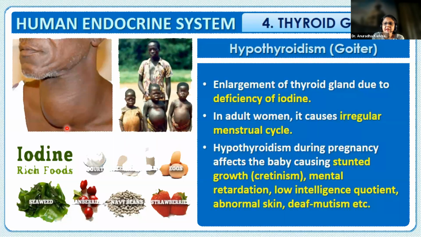In adult women, it causes irregular menstrual cycle. Hypothyroidism during pregnancy affects the baby, causing stunted growth, which is called as cretinism, mental retardation, low intelligent quotient, that is low IQ, abnormal skin, deaf mutism, etc.